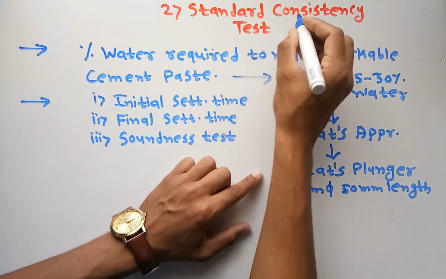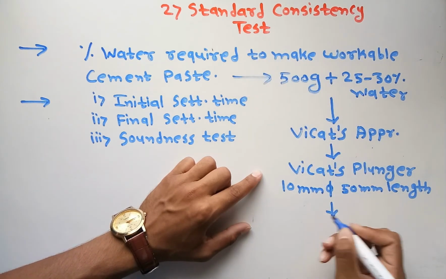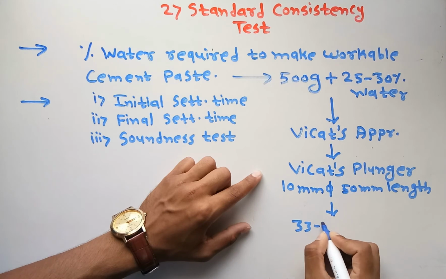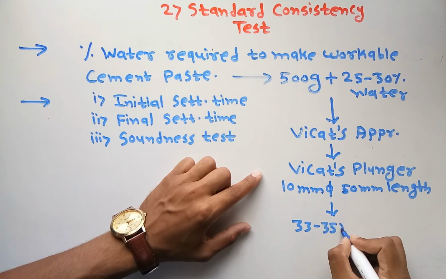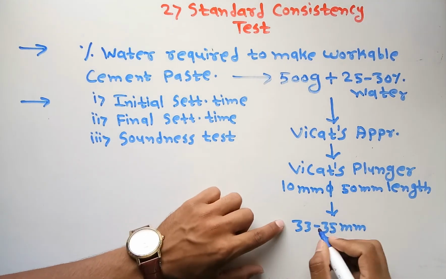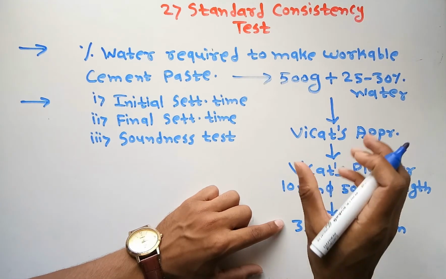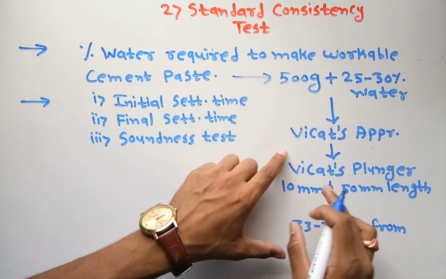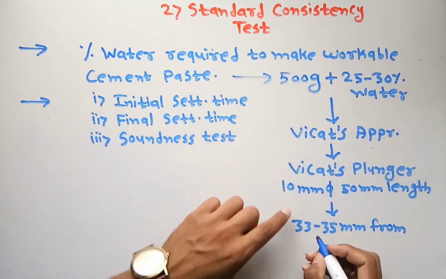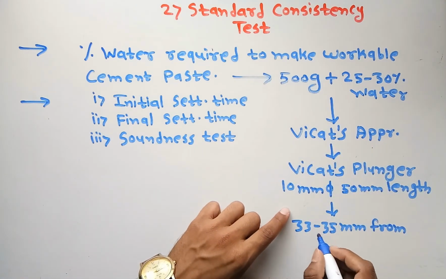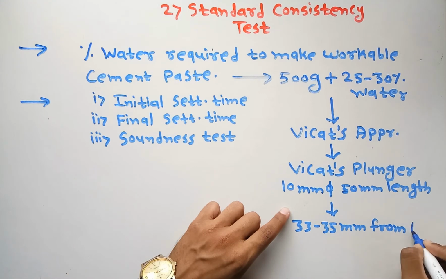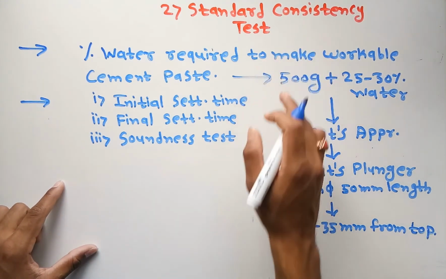The consistency should be such that the plunger penetrates 33 to 35 mm from the top. So whatever paste we fill in this Vicat's apparatus, the plunger should penetrate 33 to 35 mm from the top. So this is about the standard consistency test.